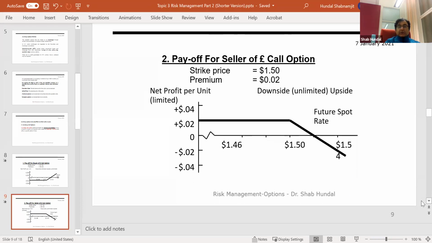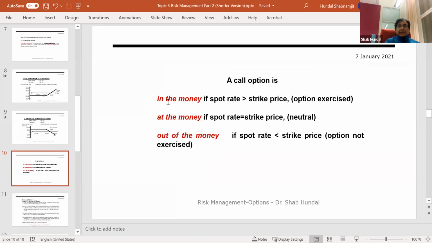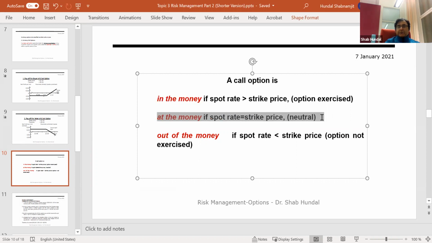Okay, so this is how we are treating it. And these words, I think I told you already. A call option is in the money if the market future spot rate is more than the strike price. Being a buyer of the call option, you would love to be in this situation. At the money is when both are the same and you are neutral. So you exercise, don't exercise, it doesn't matter.